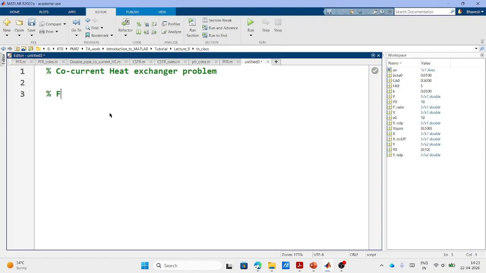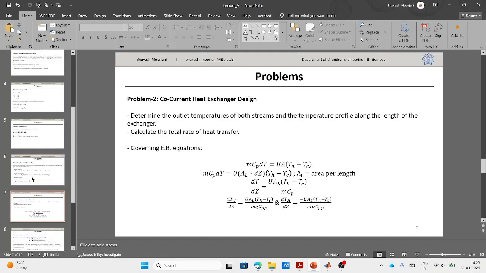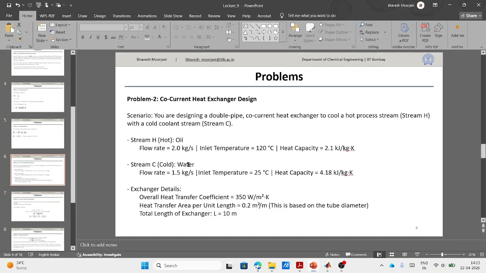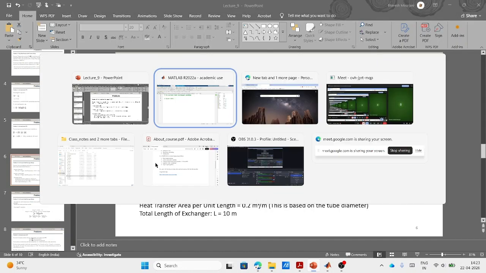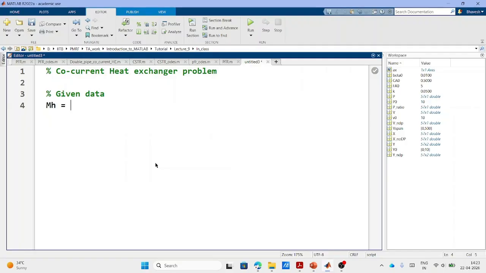What information we have been given, I will write them down. Given data. So what data we have? We have MH as 2 kg per second.